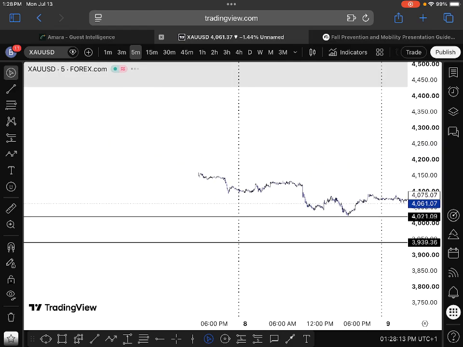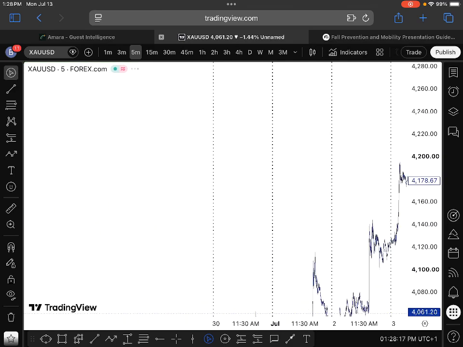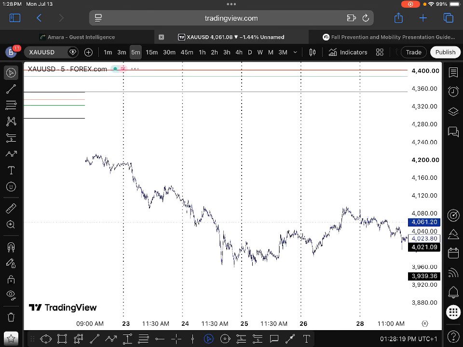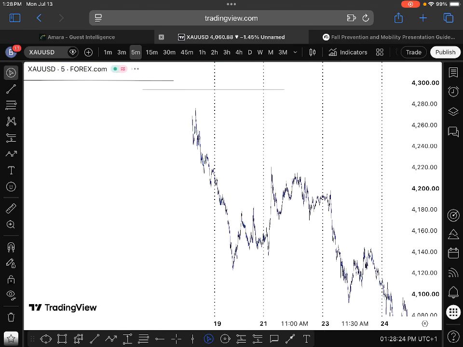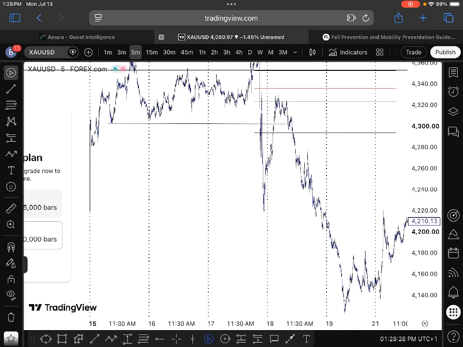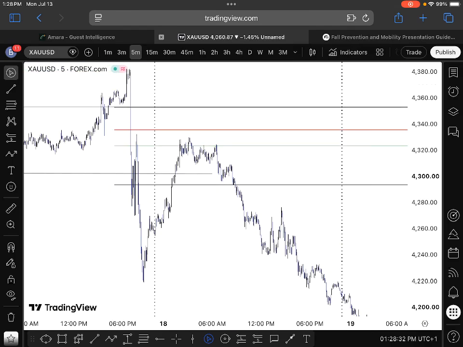This time around, with the structure I'm seeing, I'll go to 5 minutes because that's where I will see price open better. For the 5 minutes time frame, what we are going to be looking at, yeah, I'm on a free plan.